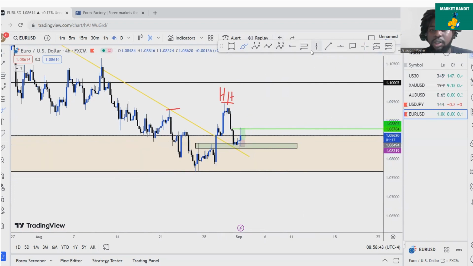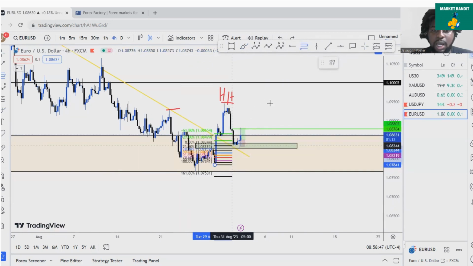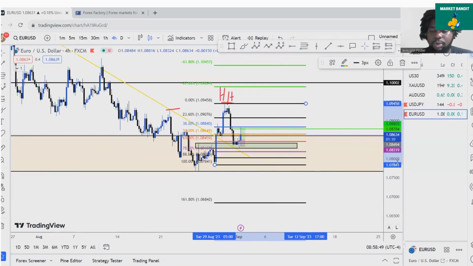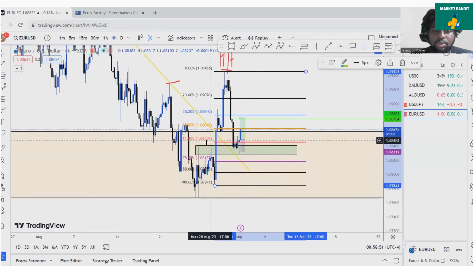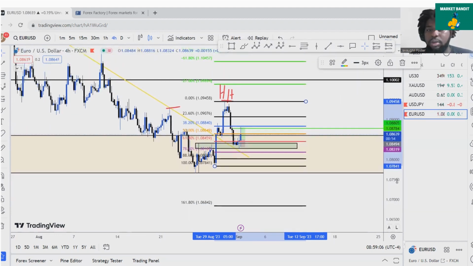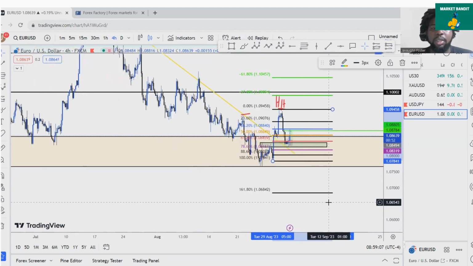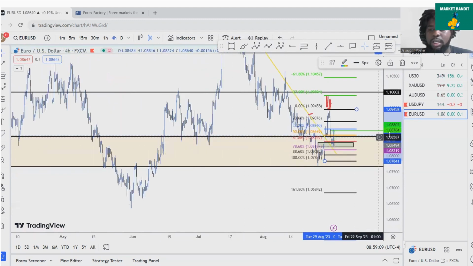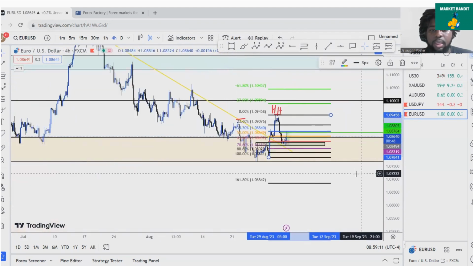Next, what I did was apply my Fibonacci retracement tool from low to high, right? And I see that price was sitting around that 61.8% area, which we know is a key area in the Fibonacci retracement tool. It's a key reversal level. So I had a few confluences already on this higher time frame. We had price at a major supply and demand zone.